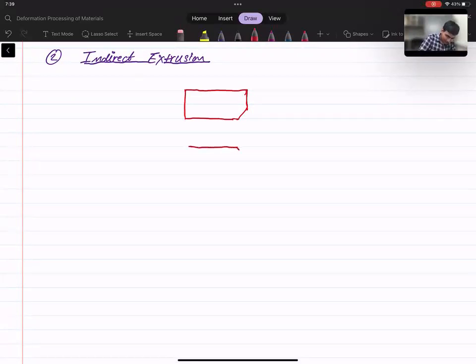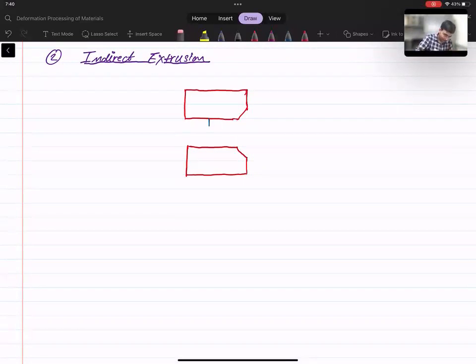Here is another one. Okay, and the billet is present over here. So this is my billet.